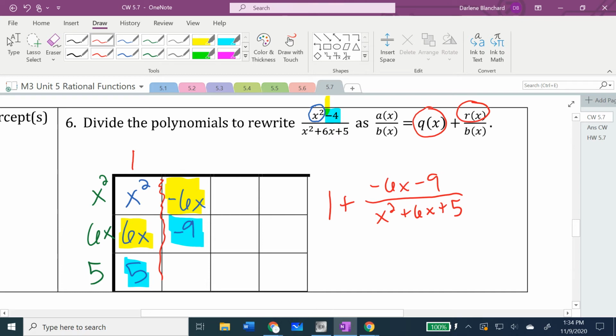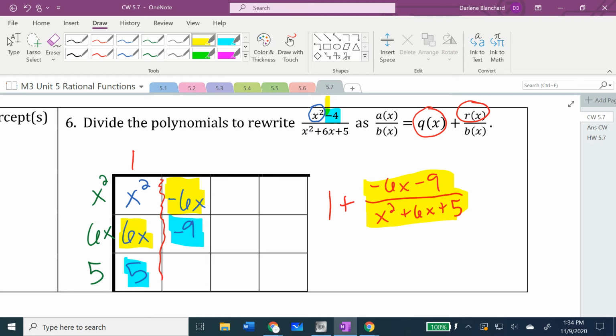And then what we're going to do is focus on the aspects of graphing this proper fraction. Proper fraction meaning the degree of the numerator is less than the degree of the denominator.